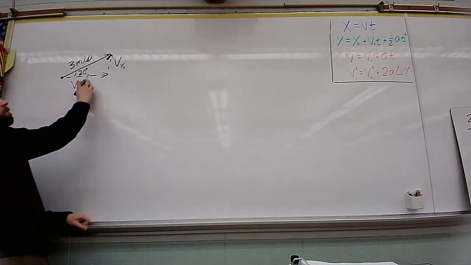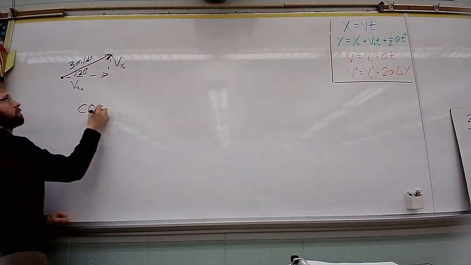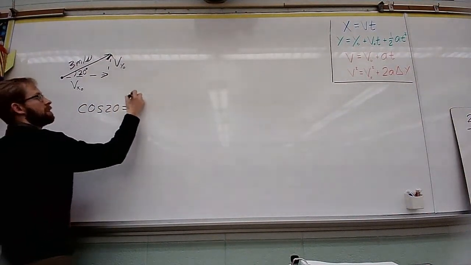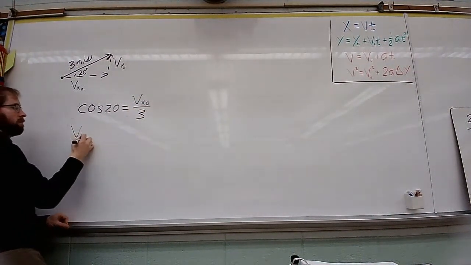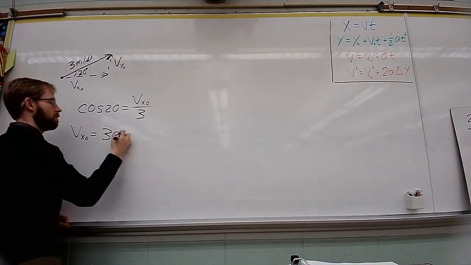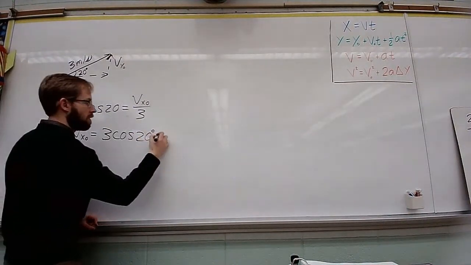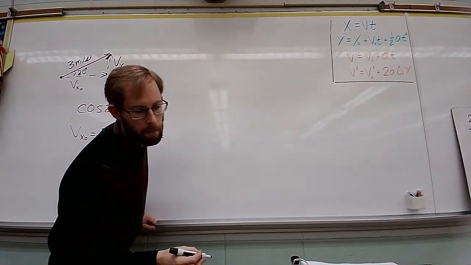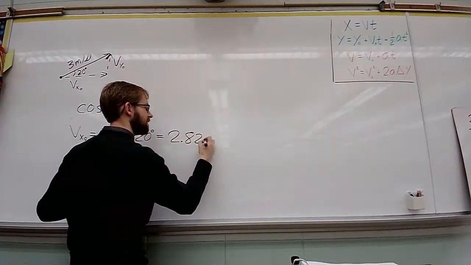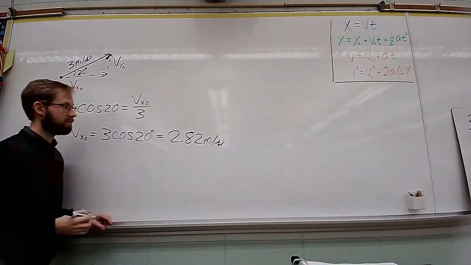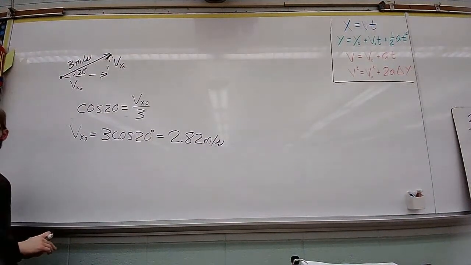So if I'm going to solve for the adjacent side, I have to use cosine. So cosine of 20 is equal to adjacent over hypotenuse. Therefore, 3 times the cosine of 20 degrees is what you have to do. When you do that, you get 2.82. You would do this same process for the vertical component of that velocity.